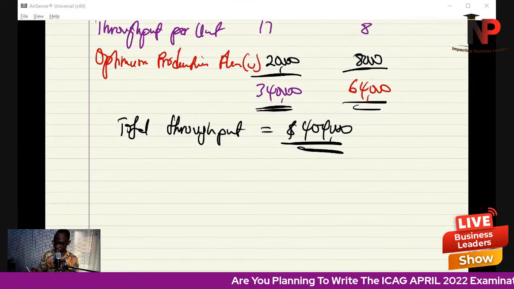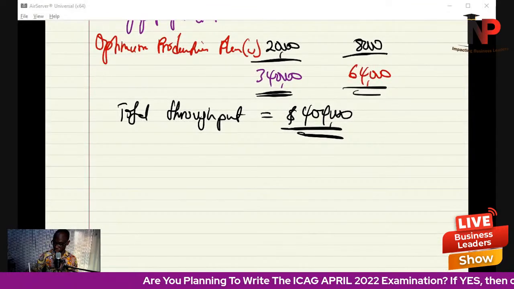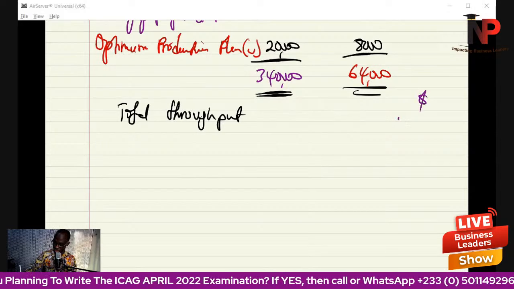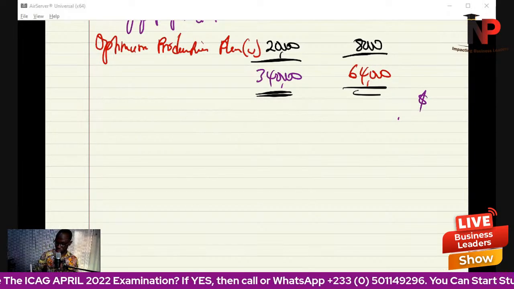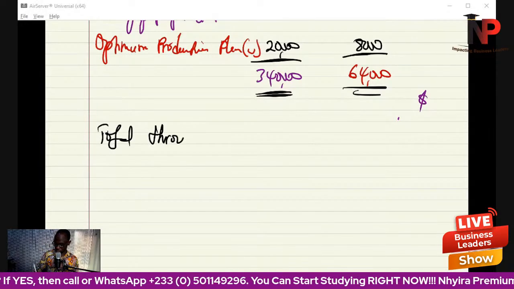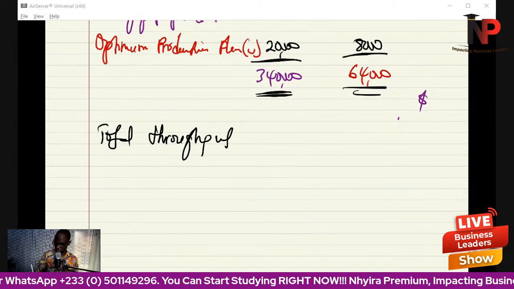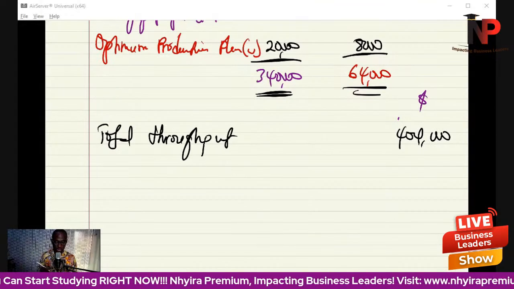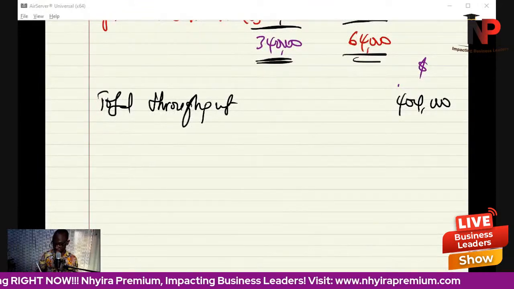Really, we are interested in the profit. So let me put in a currency sign here, and let me say total throughput, 404,000. Then we'll less factory cost.